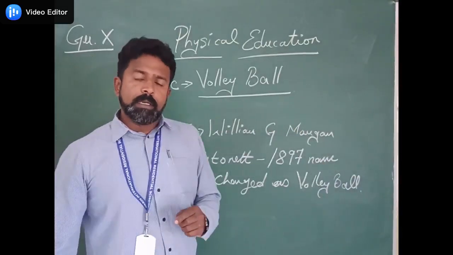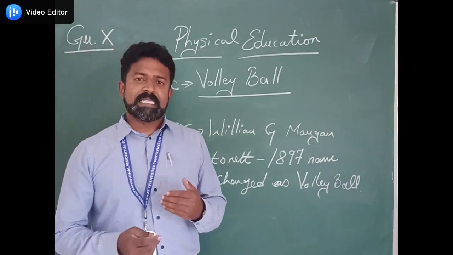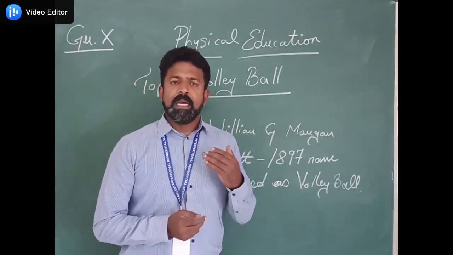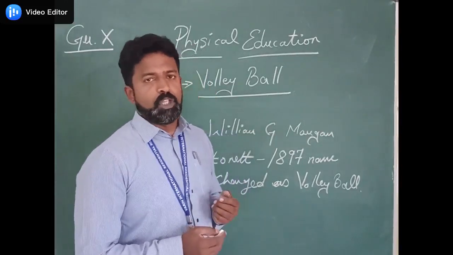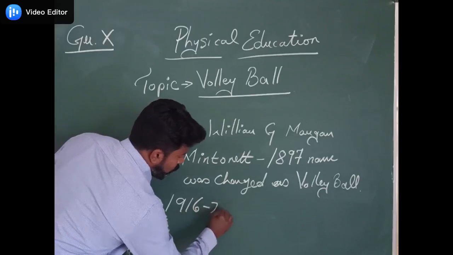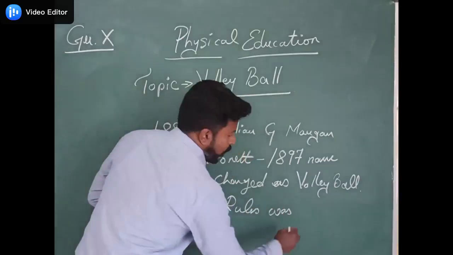Going further, in 1916, the rules and regulations were printed and published by William G. Morgan. In the year 1960, the rules were published.